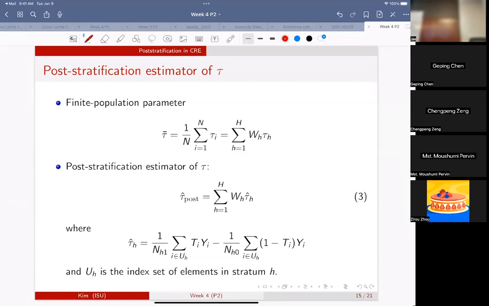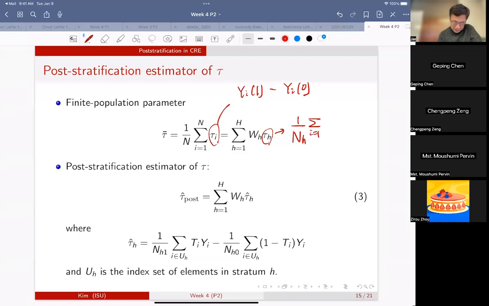So then, finite population parameter. We are interested in the average treatment effect, which is basically 1 over N_h, the sum over i in stratum h of y_i(1) minus y_i(0).